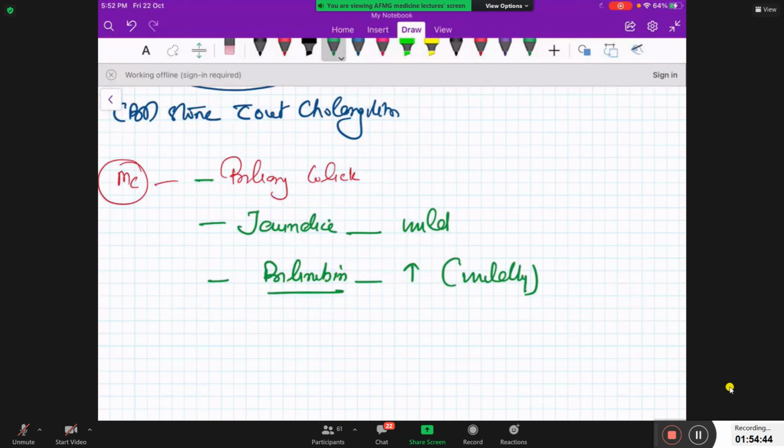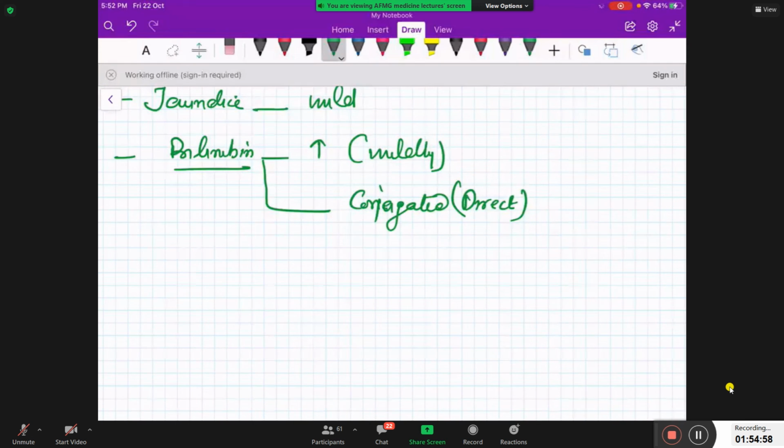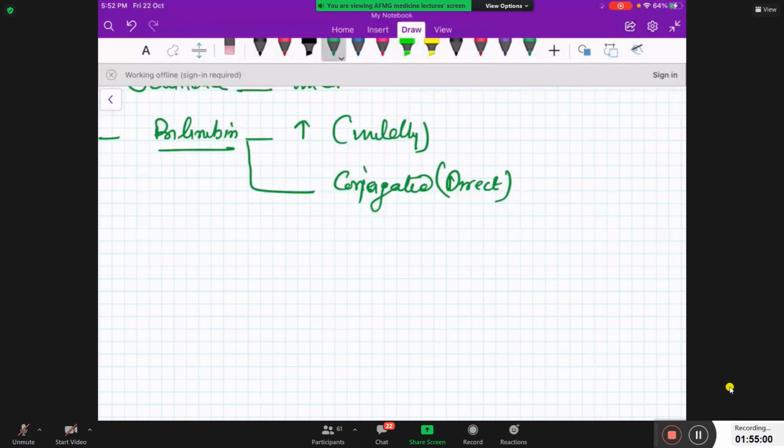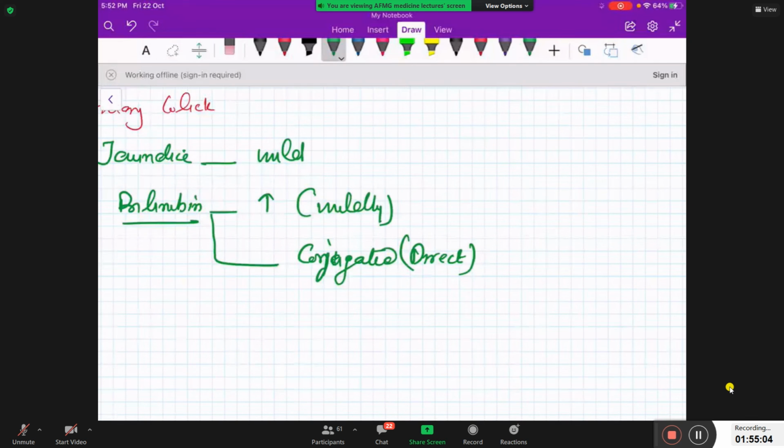And what type of bilirubin will be raised? There will be conjugated or direct bilirubin raised. Can someone tell me, is conjugated bilirubin raised in any other condition too? What other condition can lead to an increase in conjugated jaundice?